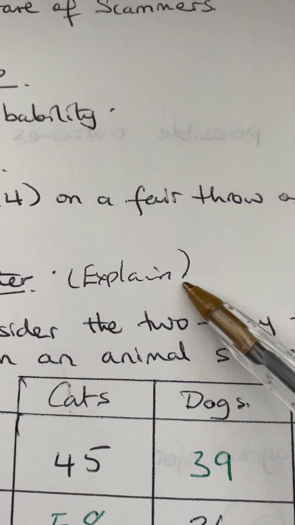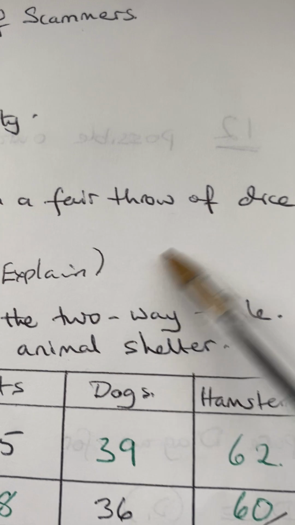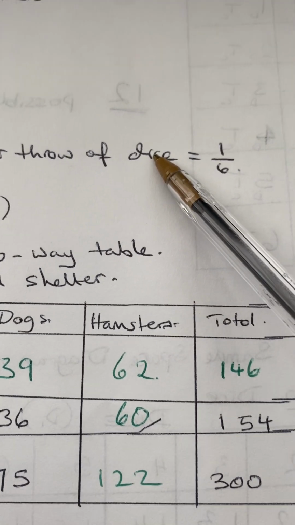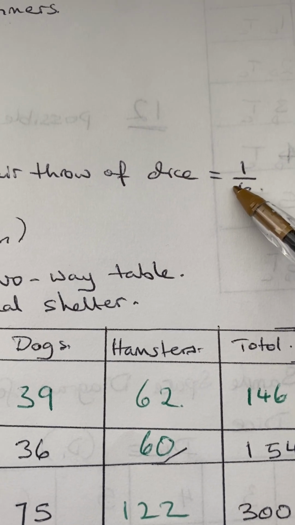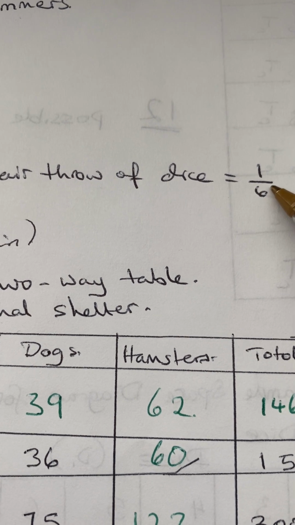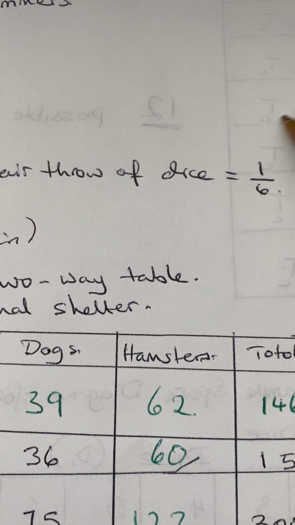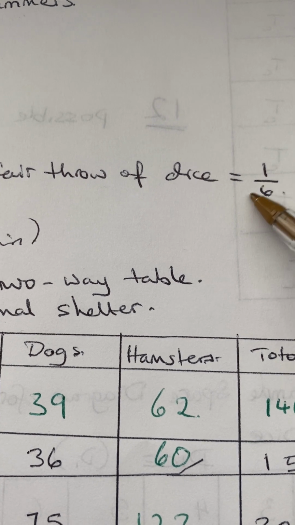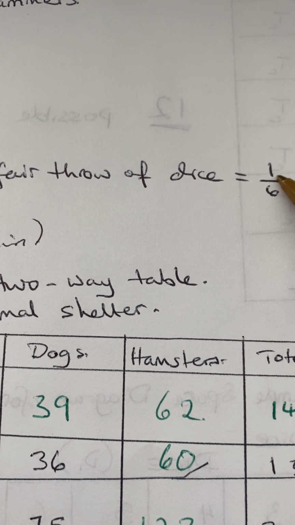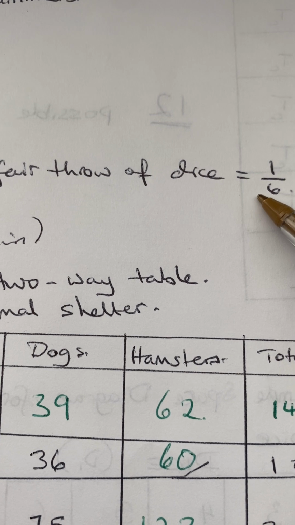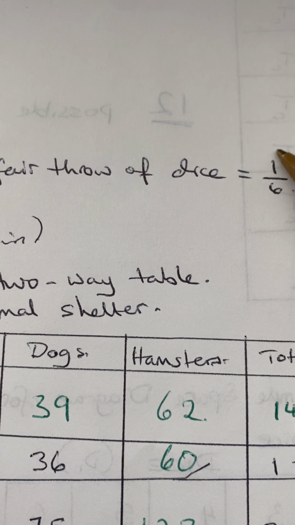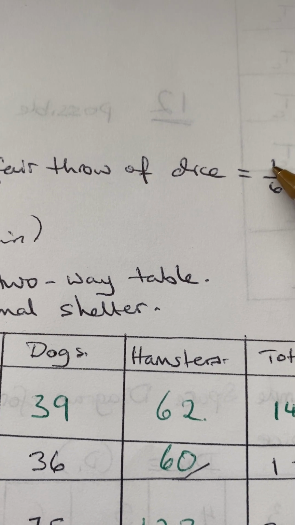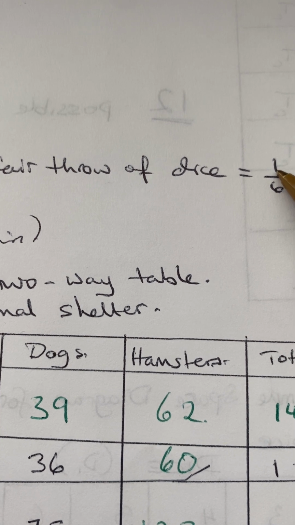Like we said, if you throw a die, you have 6 possible outcomes if it's only one die, and to get any of those numbers, the probability is 1/6.